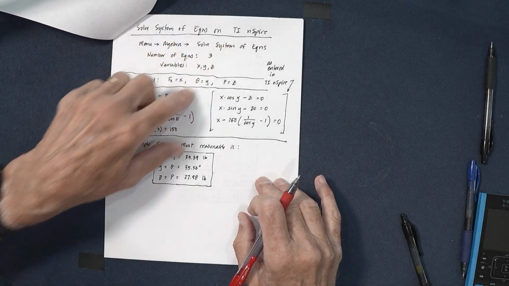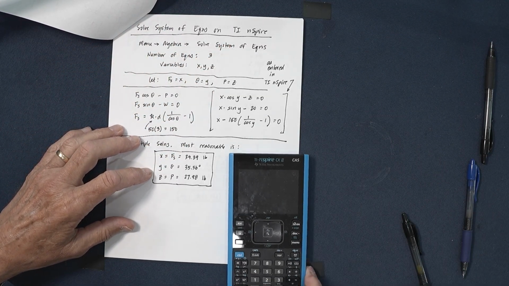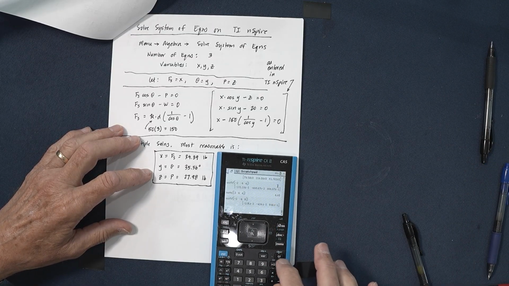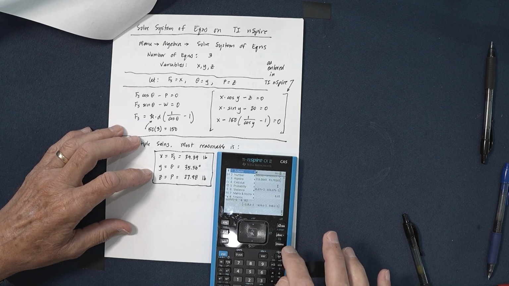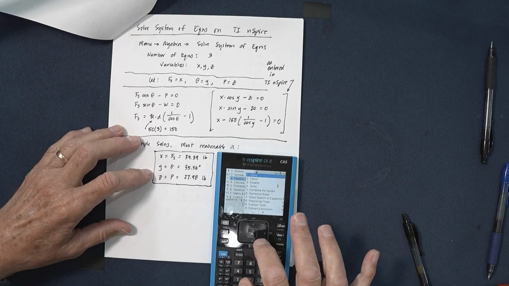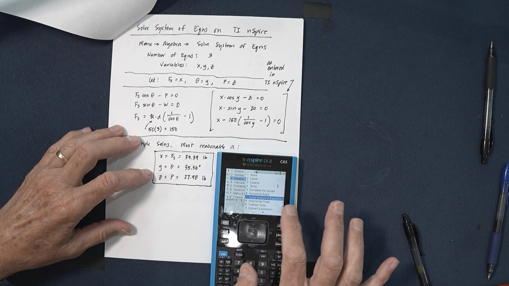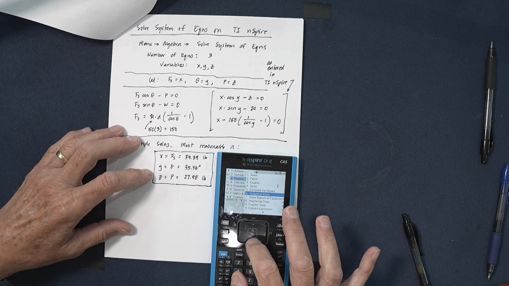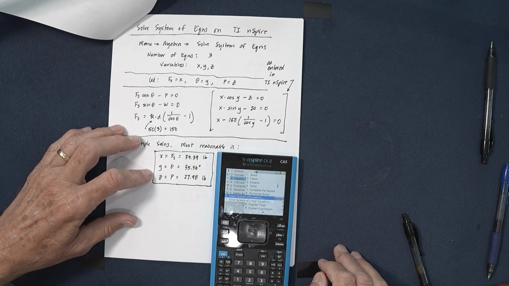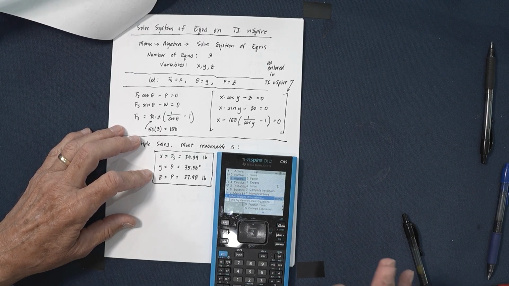You can also do these on your TI nSpire. I've not told you to go there, but you can go to Menu, Algebra, Solve System of Equations. The second one, Solve System of Linear Equations, takes you to Simult, but I've just told you to go straight to there.